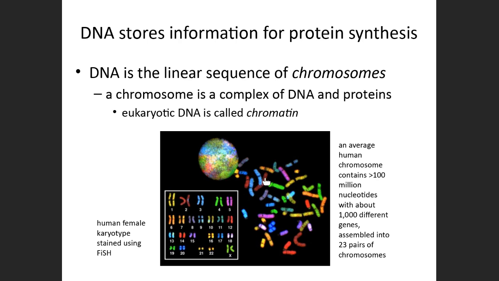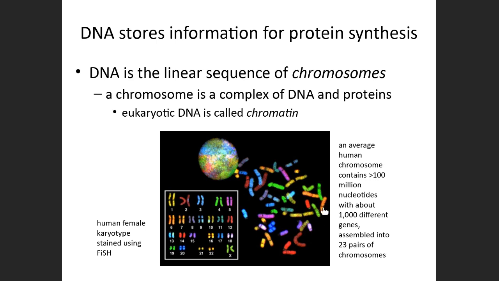But for the most part, here we see a really cool picture. This is an intact nucleus where all of the chromosomes have been stained different colors. You can see here's a green one over here, and here's a red one over here. We've got an aqua one over here. And you can see they occupy different areas of the nucleus. And then here, if we burst open a nucleus and look at the chromosomes, you can match them up. So here's a green and here's its partner green.